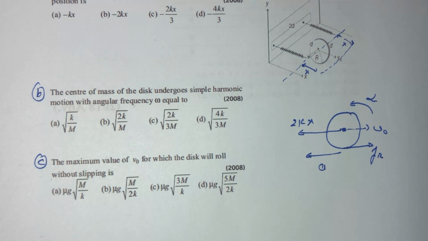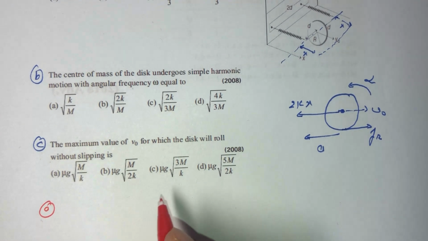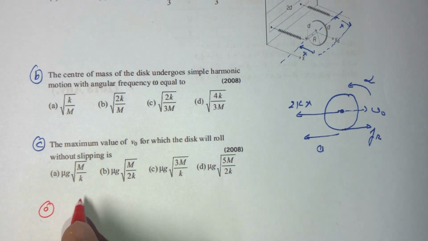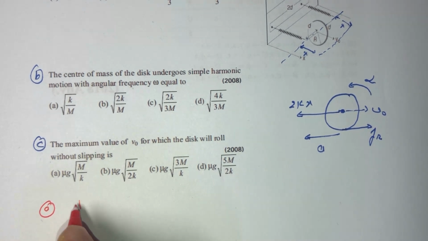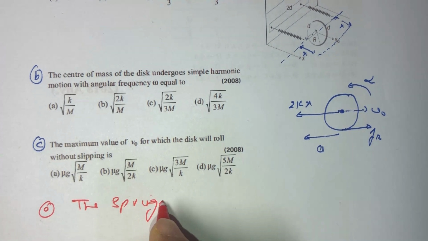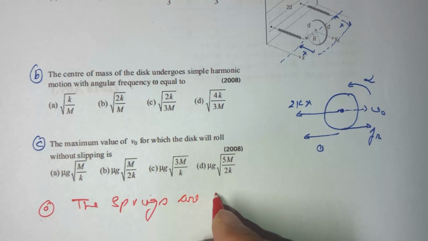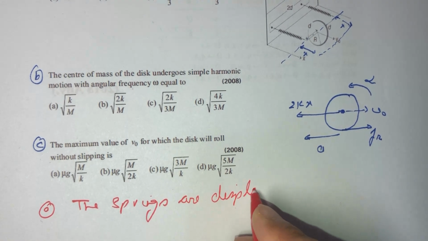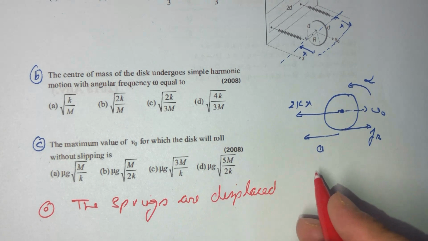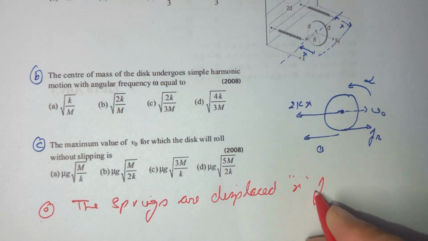So let us try to solve part A. In part A, it is given the springs are displaced x from the mean position.